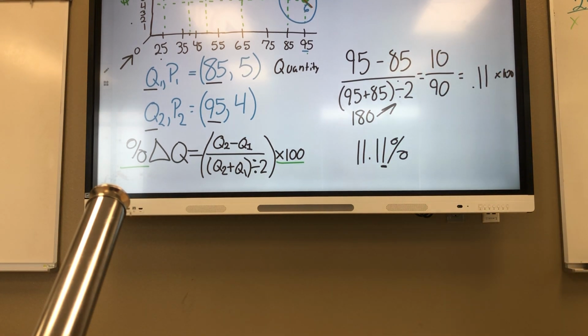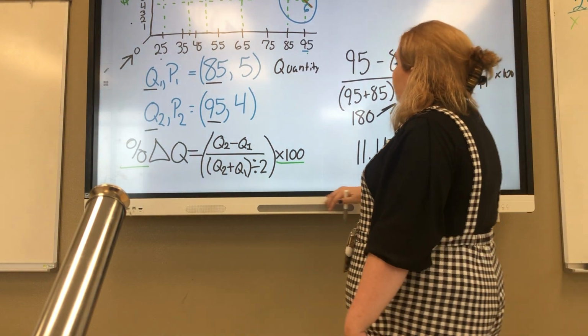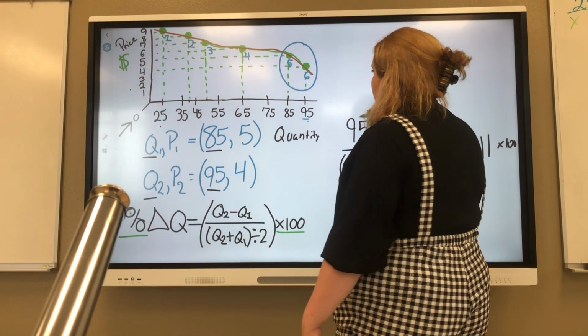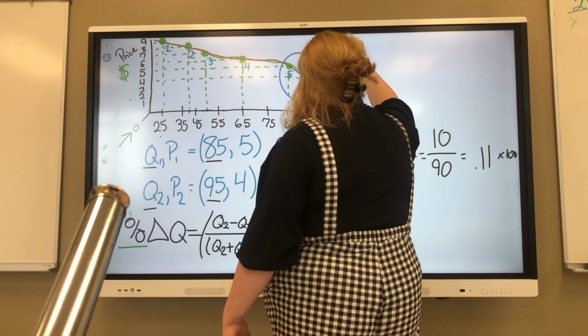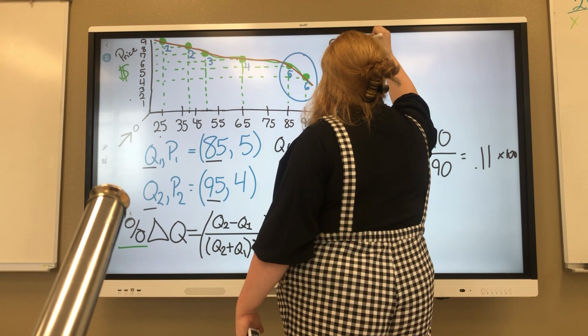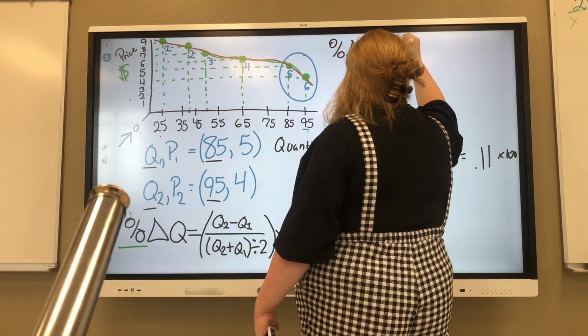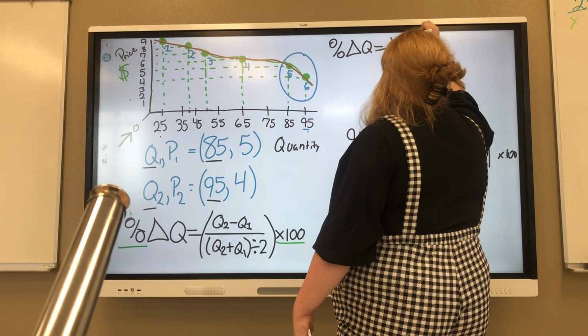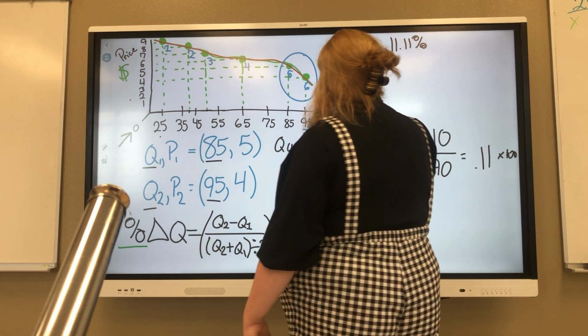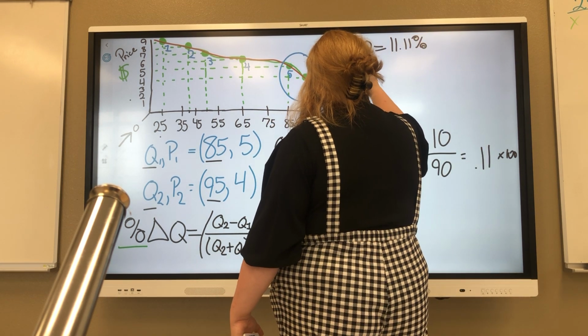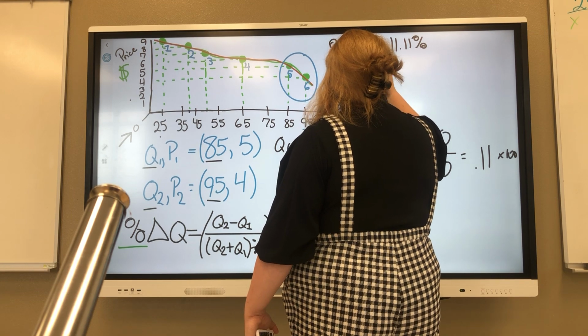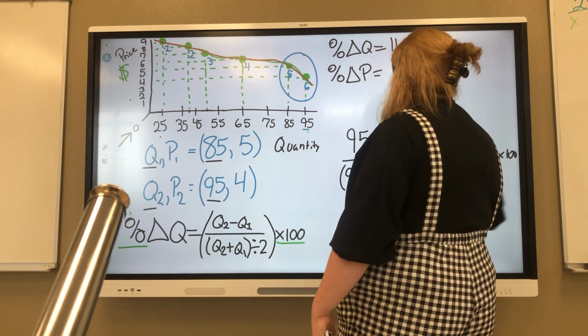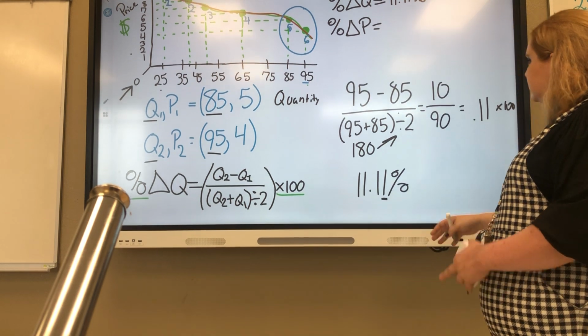That's all it is. So now we can note our percent change in quantity equals 11.11%. Okay? So next we're going to find the percent change in price. And it's going to be this simple.